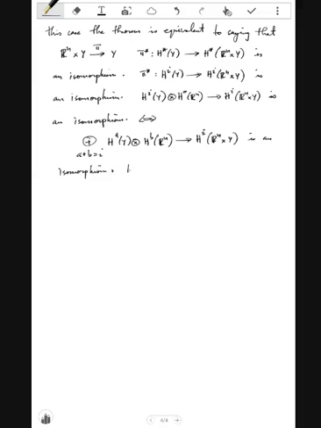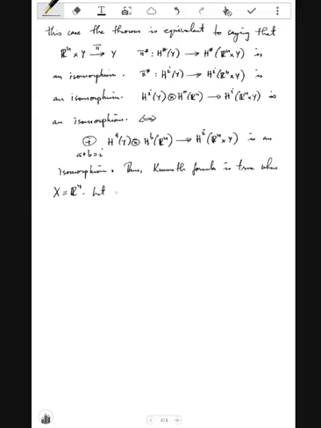So thus the Kunneth formula is true when X is R^n.